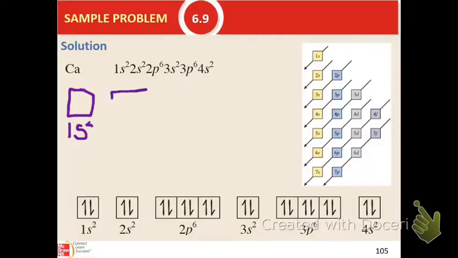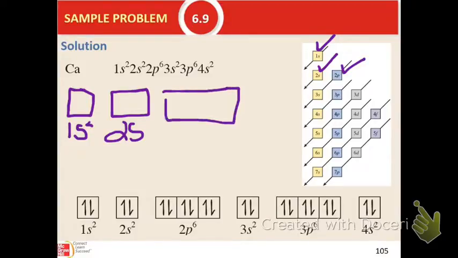Then this box here would represent my 2s's, because they're going to fill next. What fills next? Your 2p's. That's 3 boxes. How many total can fit there? 6. Remember, I'm trying to get to 20 because the atomic number of calcium is 20. So far I've got 2, 4, plus 6 makes 10. So I still have a ways to go.